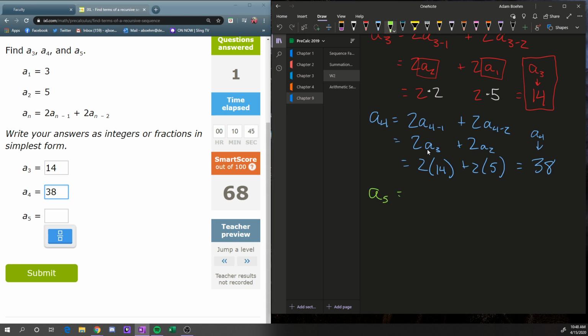All right, so the fifth term is 2 times A4 plus 2 times A3.